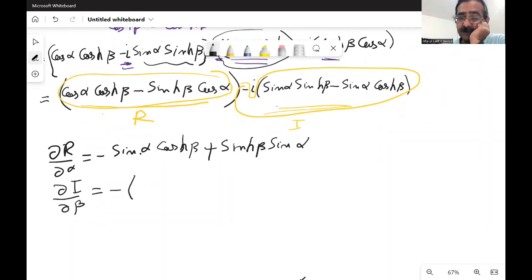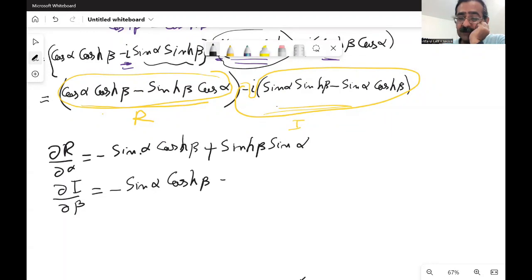Minus is common. So minus sine alpha. Derivative of sine hyperbolic beta is cos hyperbolic beta.